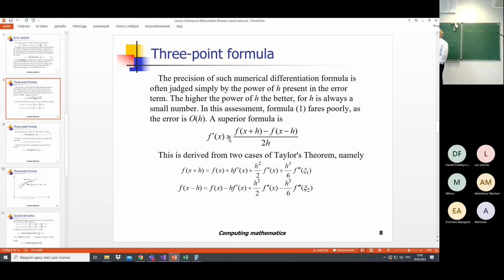H is 0.1. F of x plus h is 1.331 minus 0.729, over 2h, 2 times 0.1.